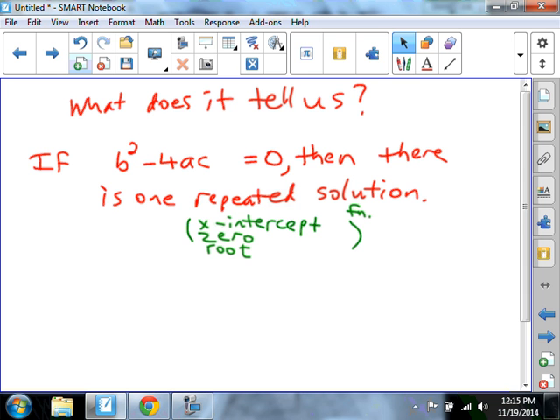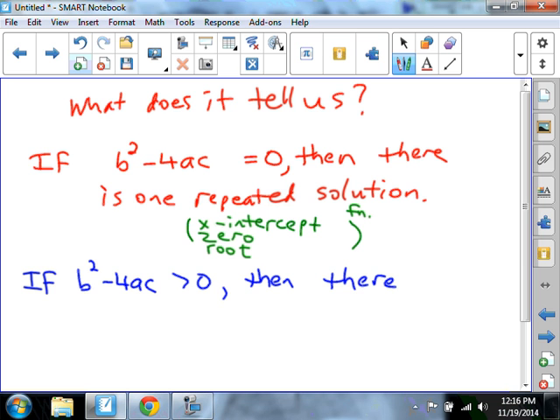Well, I did say that there's three contingencies here. If it's not equal to 0, then what else could it be? It could be less than 0, but let's not worry about that one just yet. Let's suppose that it's positive. If it's positive, then we do have to account for the plus or minus, right? And if we account for the plus or minus, then there are not one, but two real solutions.